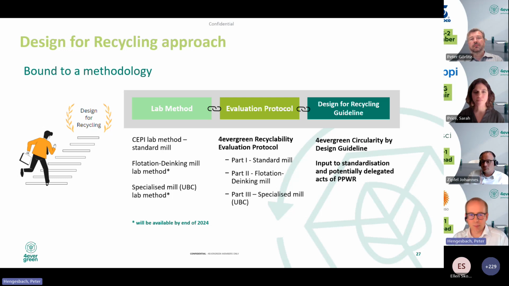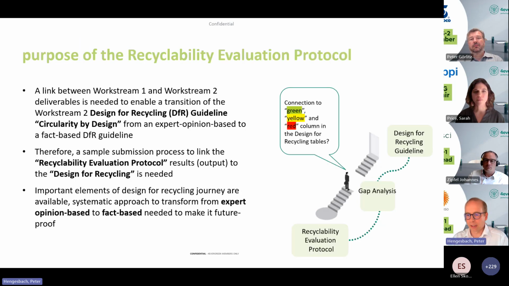And this is something I'm also addressing now on my almost final slides. What we are currently doing, and this is the phase where we are in this alliance, is a gap analysis in our alliance. So looking at the packaging and waste regulation and the design for recycling approach, what you see here in the picture at the bottom, what is the gap that still needs to be filled.